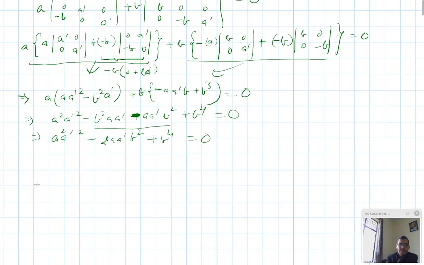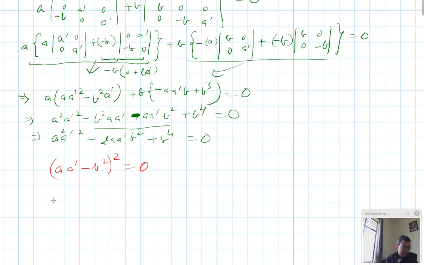That means this is A prime, sorry, not plus, but it is minus B square, its whole square is equal to 0.